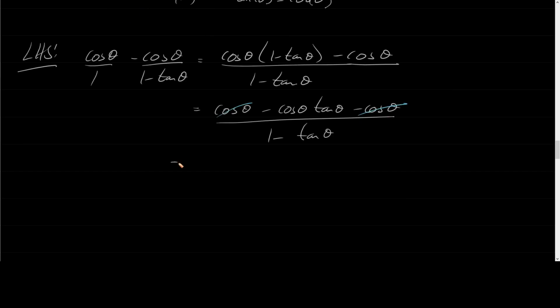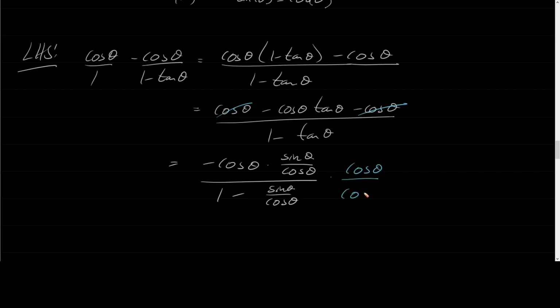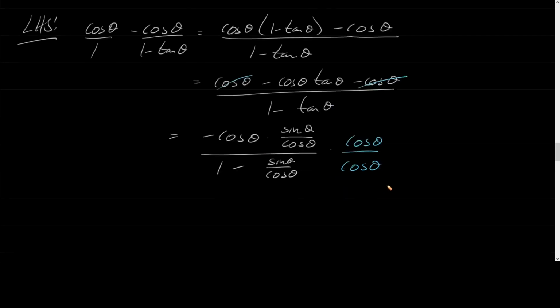What else do I see? Well, I'm still working with tangent, so I'm going to rewrite tangent as sine over cosine. So on the top, I've got negative cosine theta times sine theta over cosine theta, and on the bottom, I've got 1 minus sine theta over cosine theta. Because I've got fractions all over the place, I'm going to multiply this entire statement by cosine theta over cosine theta.